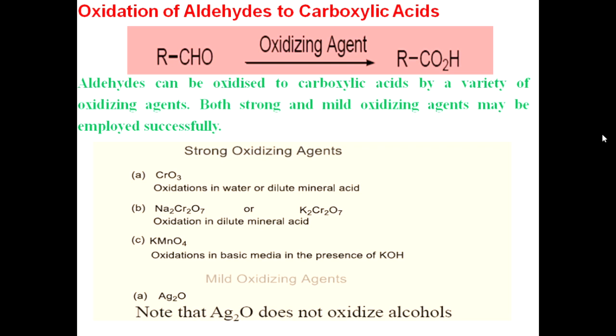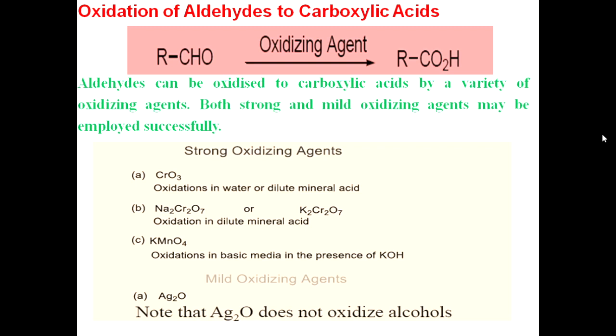Now, the second method for the preparation of carboxylic acid is the oxidation of the corresponding aldehyde. When aldehydes undergo oxidation with an oxidizing agent, they will convert into carboxylic acids. So aldehydes, with both strong as well as mild oxidizing agents, will convert into the corresponding carboxylic acid.